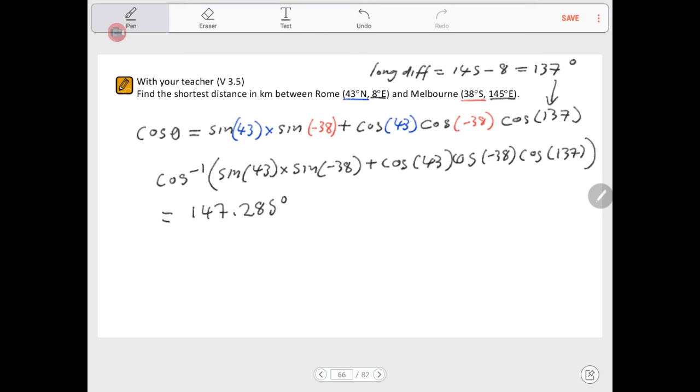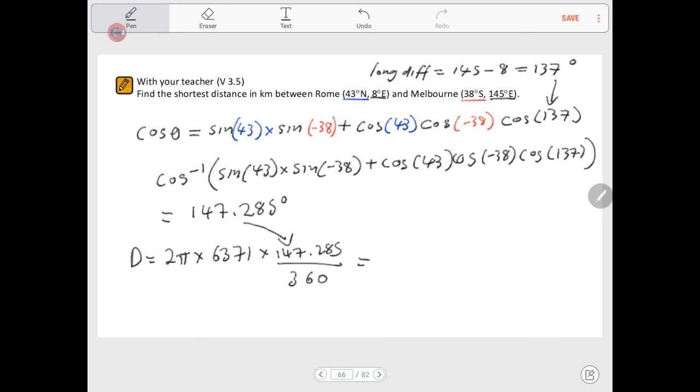Then we just revert to our previous formula for distance. D equals 2 pi times the radius of the Earth times, now this number, 147.285, that's our theta value. That goes over 360, just like we did before.